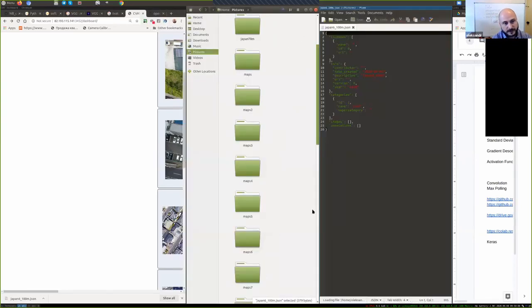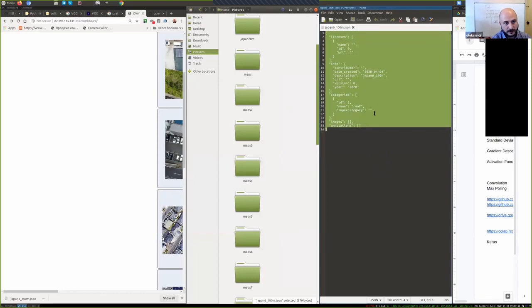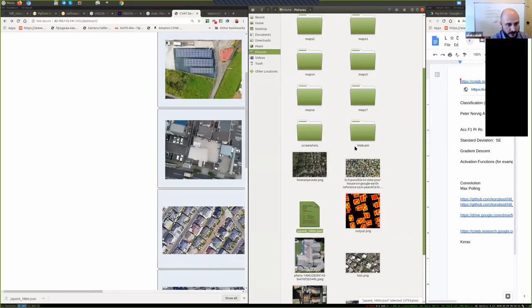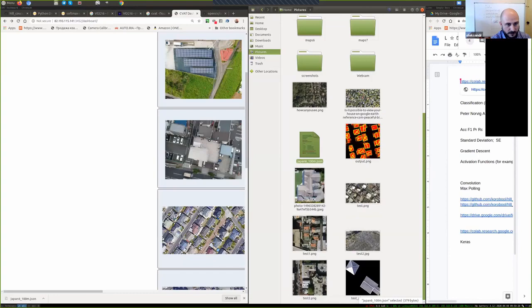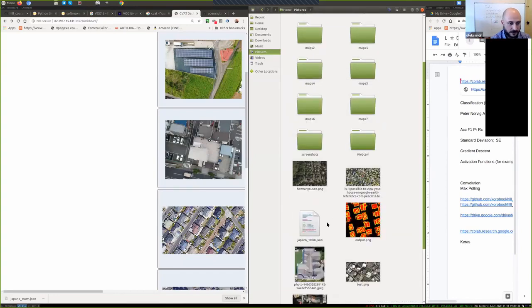JSON is a textual-based format, something like this, and it says what and where is annotated, like a textual description of annotation. We actually saved not this file, but, okay, maybe this file, whatever.